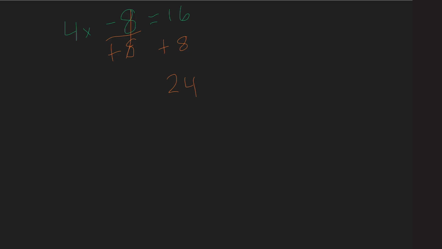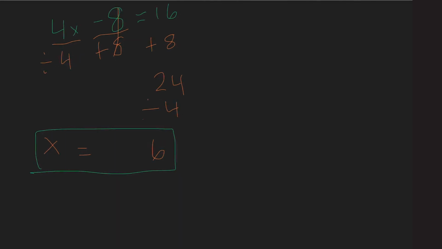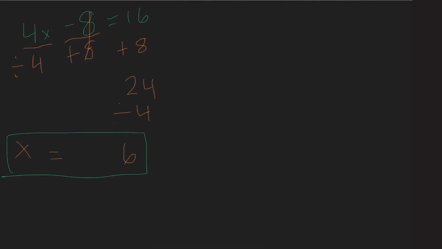And then we have to divide by 4 on each side because it's being multiplied by 4. So 4x divided by 4 is 1x, which, as you know, is x, equals 24 divided by 4, which is 6. x equals 6.